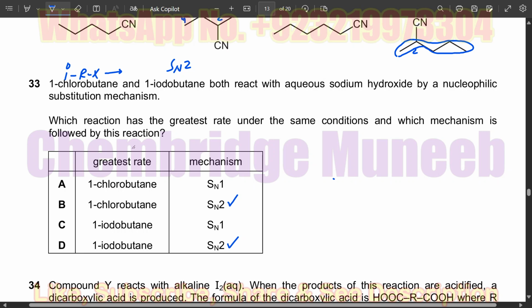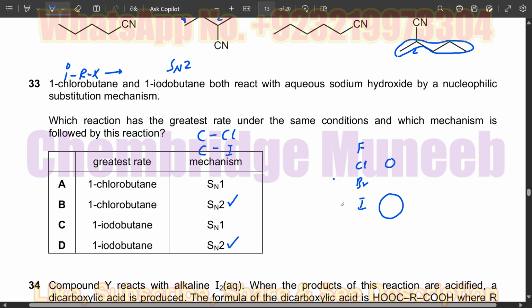Which means we have to consider the bond between the halogen and the carbon, because the halogen is substituted by the other nucleophile. In the case of chlorine versus iodine, we know down the group the iodine has a larger size, whereas chlorine has a slightly smaller size.